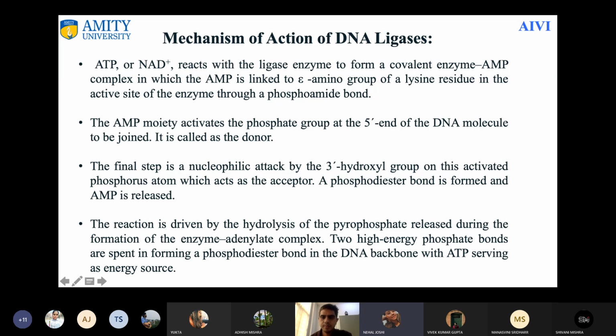Sir, that contains two phosphorus molecules. Yes, you are right. That contains two phosphorus molecules.